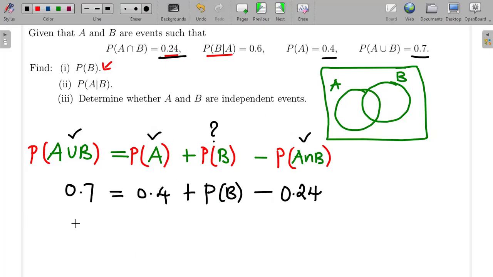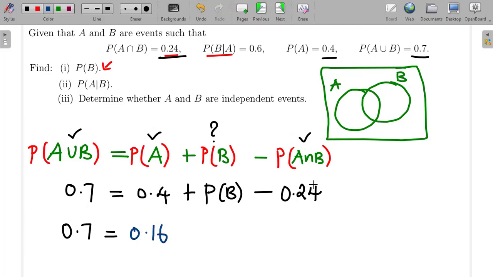0.24. Now I can combine this part and that part. What is 0.4 minus 0.24? That gives me 0.16.